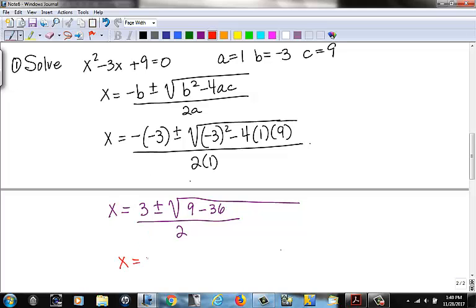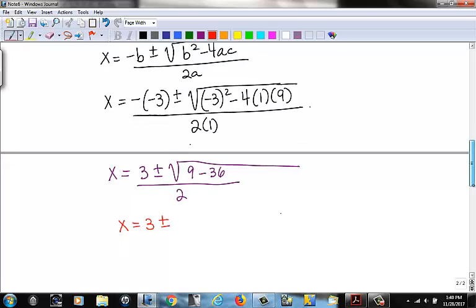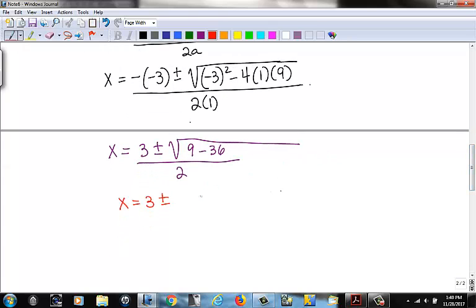Then x equals 3 plus or minus 9 minus 36, which is negative 27, all over 2.